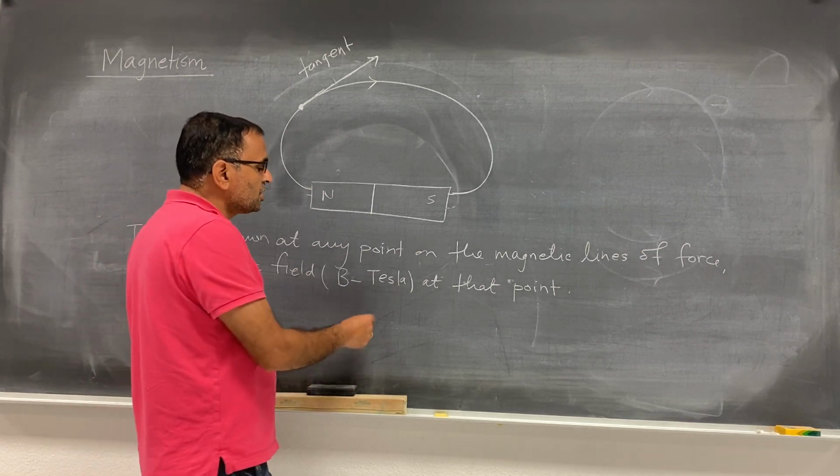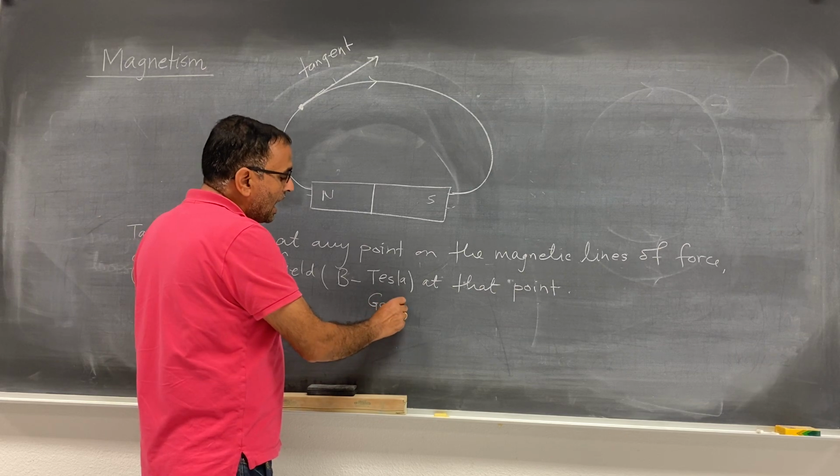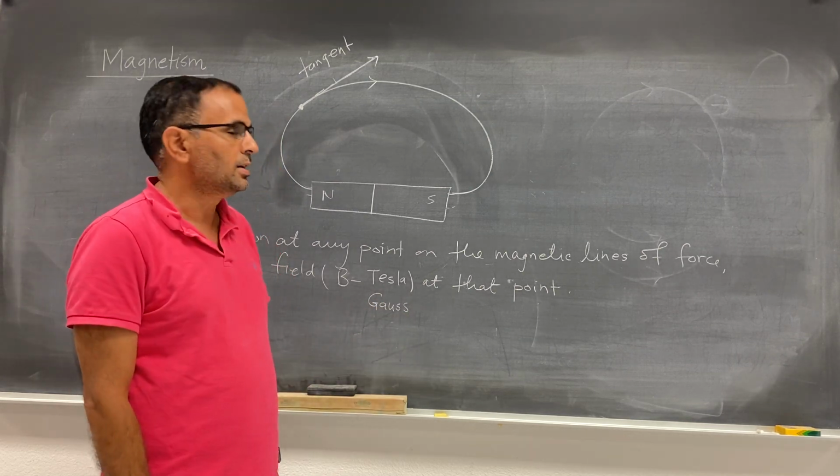If you want a smaller unit, the smaller unit of the magnetic field is Gauss.